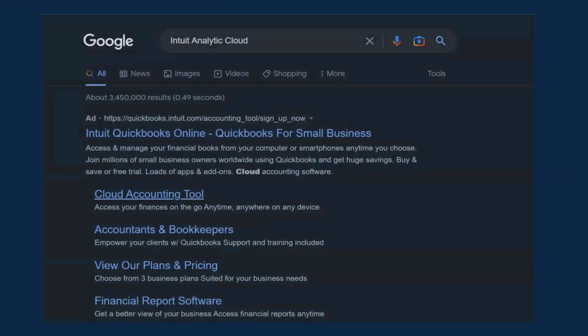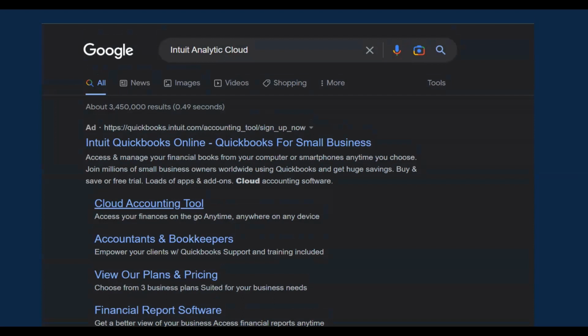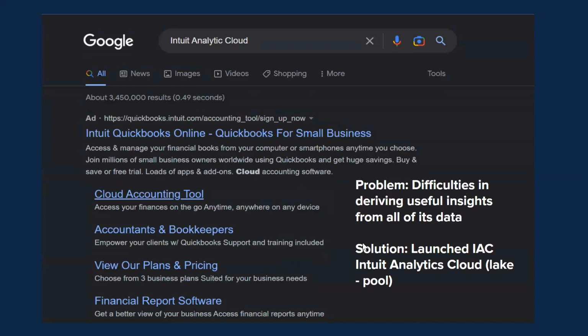So the Intuit company doesn't have a problem in gathering and storing this large amount of data. However, they encounter difficulties in deriving useful insights from all of its data.